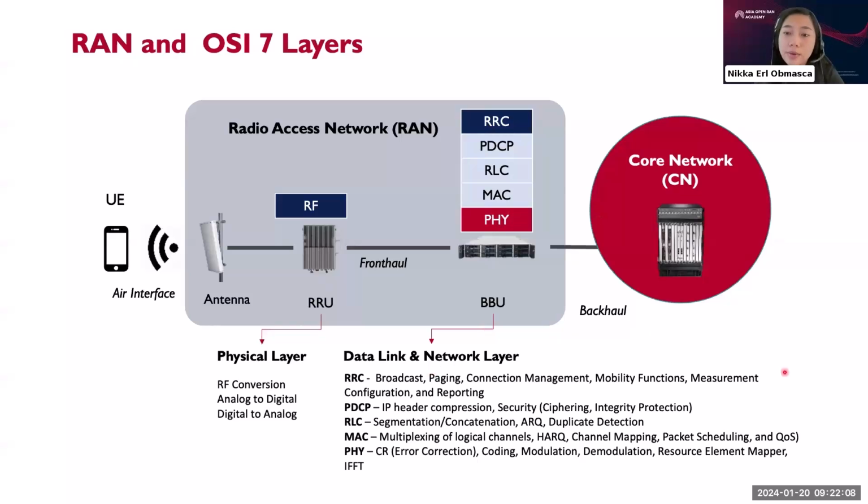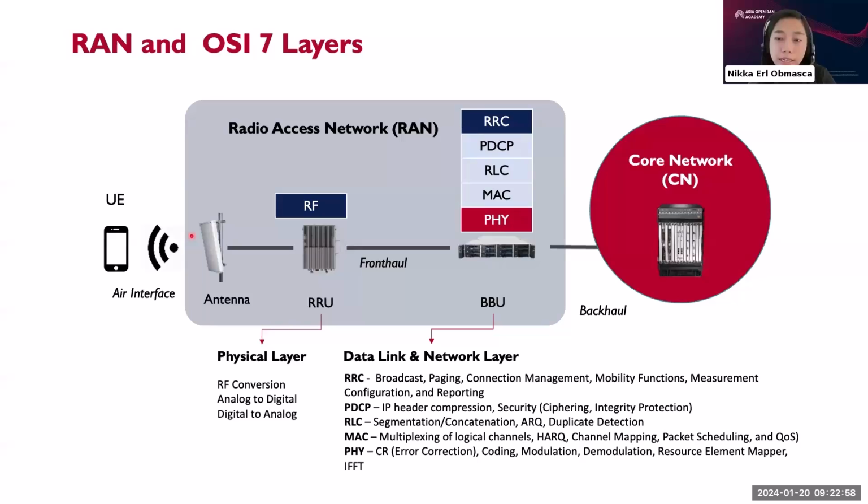In the RAN system, the data link layer includes PDCP or packet data convergence protocol, the RLC, which is the radio link control, and the MAC, which is the medium access control. These three are used to segment, reassemble, and manage the data transmitted between the RRU and the BBU. Last, we have the network layer, which includes the RRC, which is responsible for controlling the access to the radio resources of the RAN.